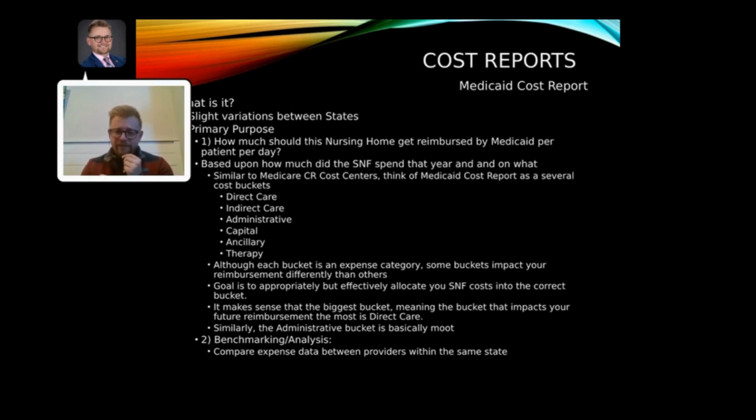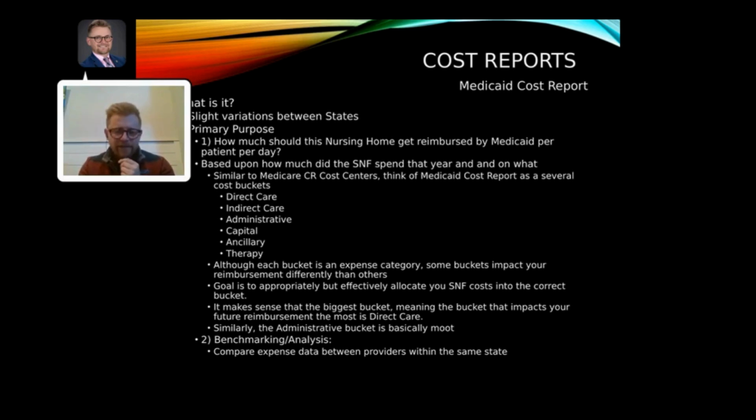Another thing that's very similar to the Medicare cost report is the benchmarking, even more so for Medicaid, because two nursing homes can be in the same town, and they probably don't have the same rate based upon their cost report and some other components like CMI and things like that.